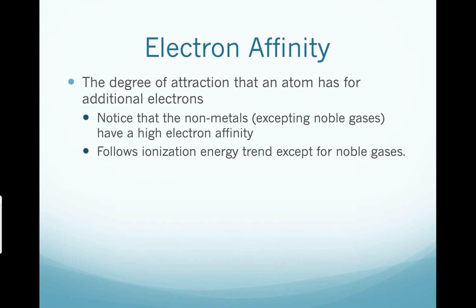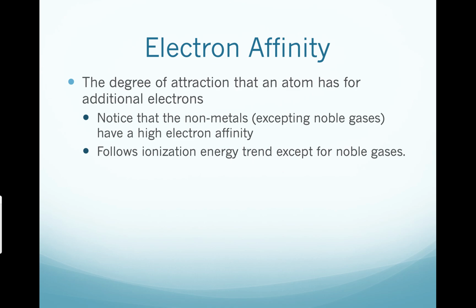So if its attraction is stronger, that means that it is more likely to take an electron. Okay, so elements all the way to the right, like chlorine, fluorine, bromine, all those halogens, that group is called halogens. They have the strongest affinity for electrons.